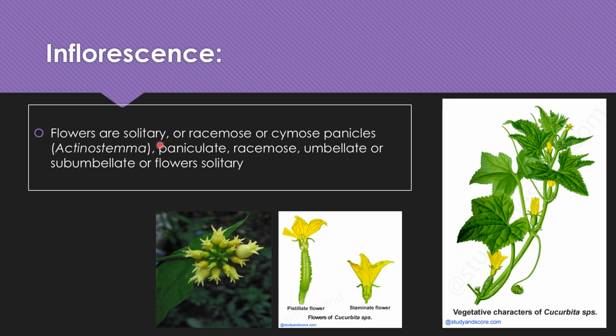Racemose means older flowers are borne on the lower side and the younger ones on the upper side, or sometimes they are cymose panicles like in Actinostemma. Inflorescence paniculate, racemose, umbellate or subumbellate, or flowers are solitary. These are the conditions present in the plants belonging to this family.